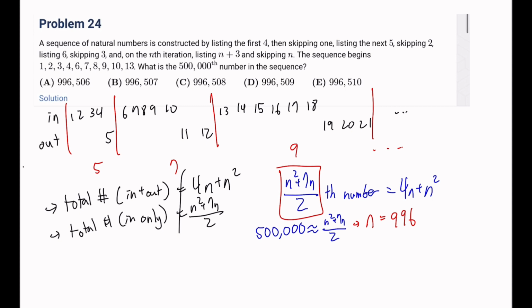make sure that this is the 500,000 number, because if we put 996 into here, it will produce a value that is slightly less than that. And so we need to put in 996 to n squared plus 7n over 2 again. And so if we do that, it's 996 times 996 plus 7, 1003, over 2. We solved this before.